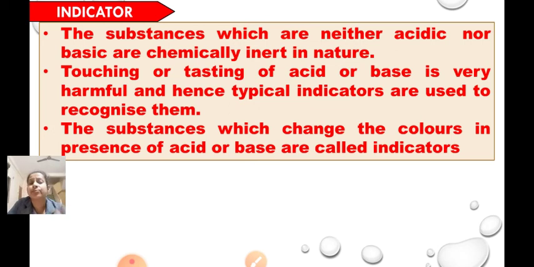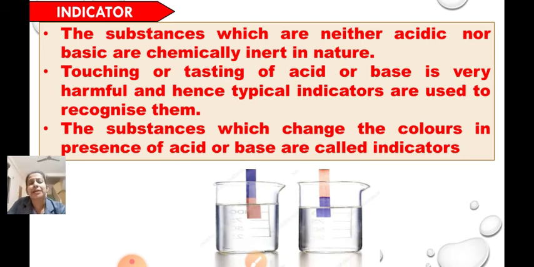Therefore in an acid they will show one color and in a base another color. So from the change in color we can come to know whether the given substance is acidic or basic in nature. Let's see what they are.